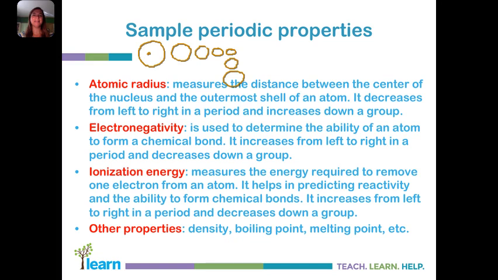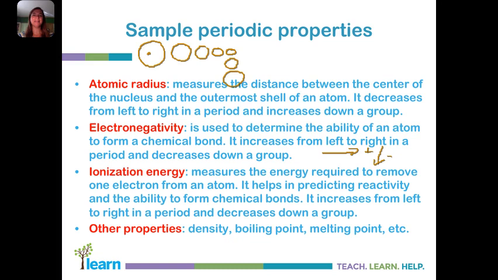When it comes to electronegativity, it is used to determine the ability of an atom to form a chemical bond. The property increases from left to right in a period and decreases down a group. Same thing goes for ionization energy, which measures the energy required to remove one electron from an atom.